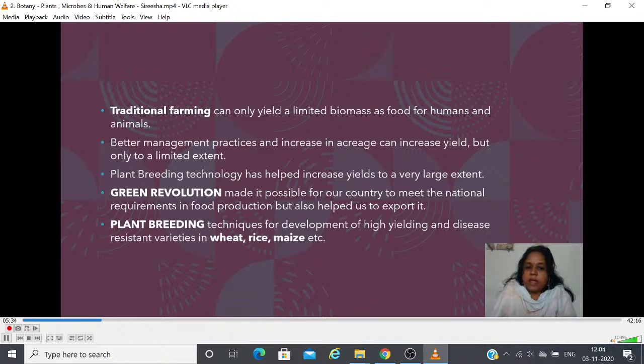Better management practices and increase in acreage can increase yield, but only to a limited extent. If there are more acres, the yield might be more, but it is also not sufficient for the increasing population. Plant breeding technology has helped increase yields to a large extent. So with the limited area, we should consider even the area also.